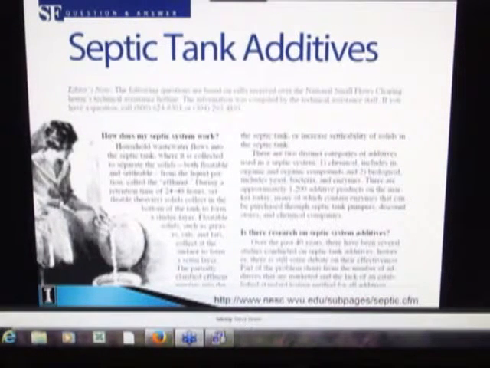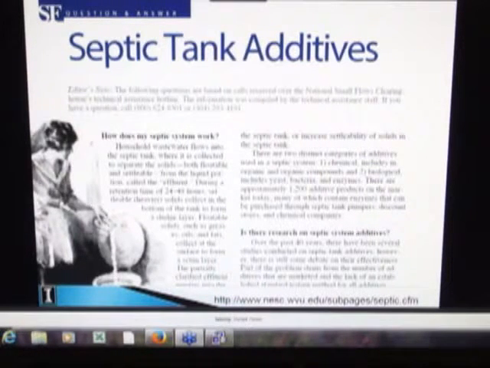And Ron, do you have anything to add? Yeah, I've been asked that question a lot too, and just what you said, I've pumped lots and lots of septic tanks, and I don't really see any evidence that their additives help. What it looks like it does to me is take the scum layer on the top, and the bacteria seems to work a little faster, so the scum layer isn't as thick, but instead of being the scum layer on the top, it just falls to the bottom as sludge.